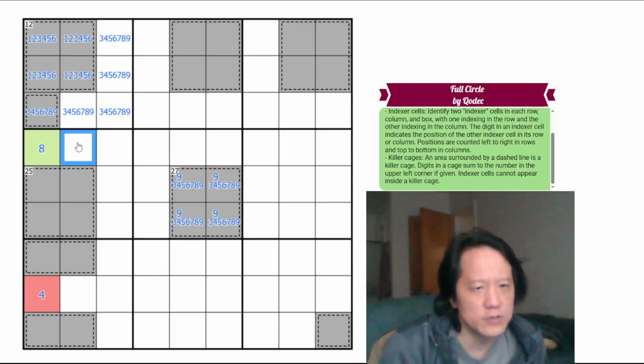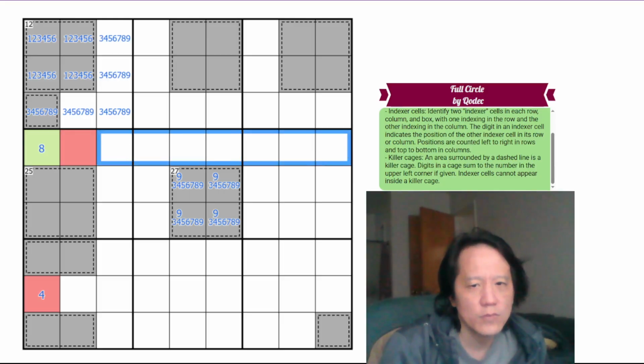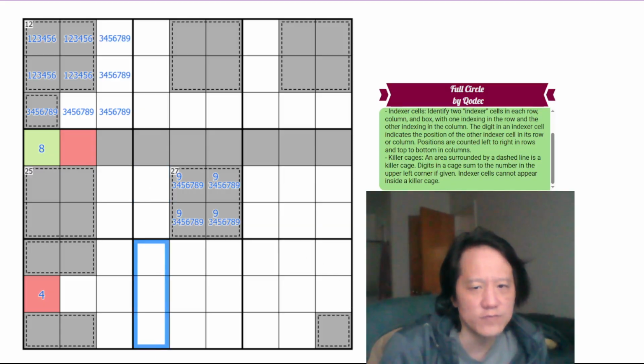Say there's an indexer here, the other one. That means none of the rest of the row can be indexers. So therefore, we're guaranteed both of these are indexers. So this cannot be indexed here then, if that's the case. So if this is an indexer, this can't be indexer. These are both indexers, so none of these are indexers.